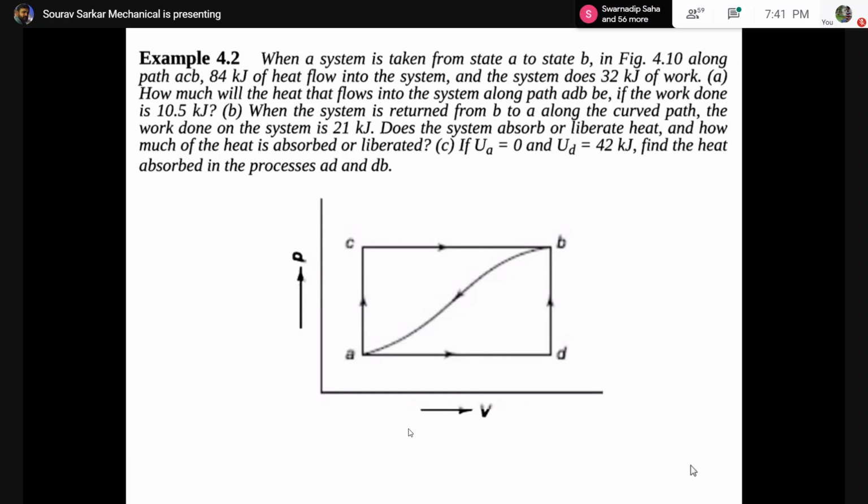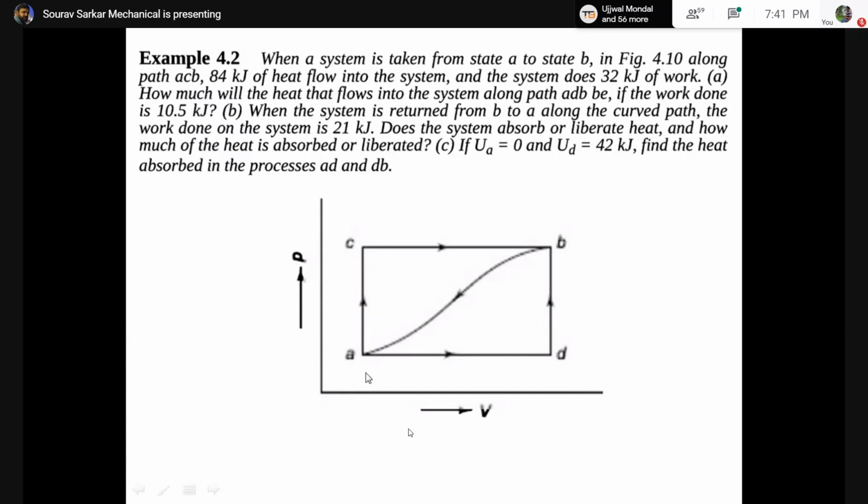So if we read the question, when a system is taken from the state A to B, so A is the left bottommost point, and the other point is B, the right topmost point, along the path ACB.